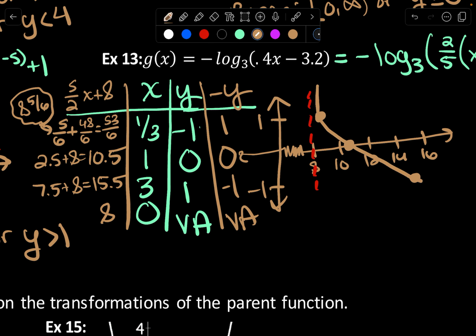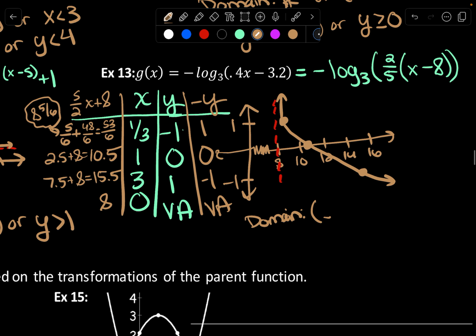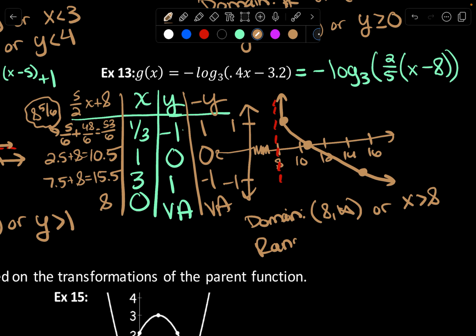So it's going to look something like this. The domain is going to be, since it starts at 8, we'll have 8 to infinity, or you can say x is greater than 8. And then for the range, it will be all reals.